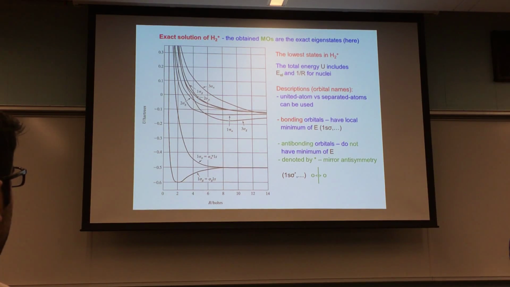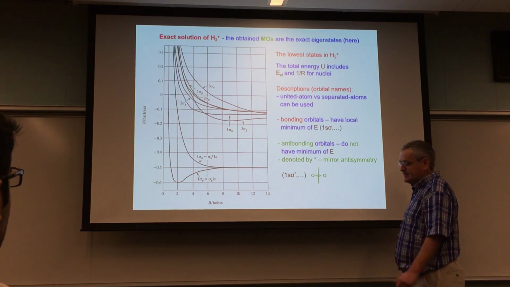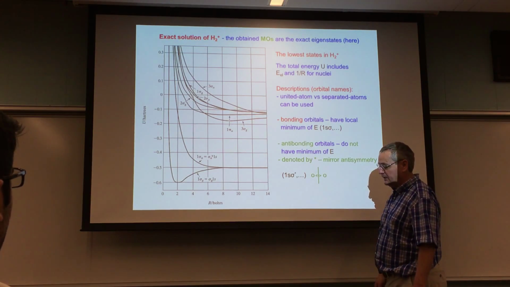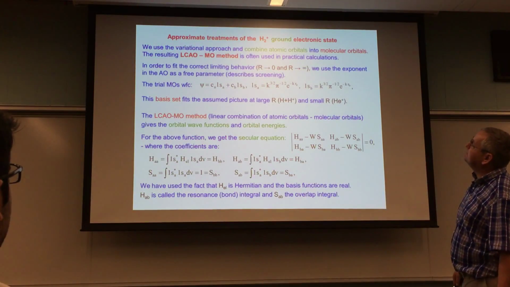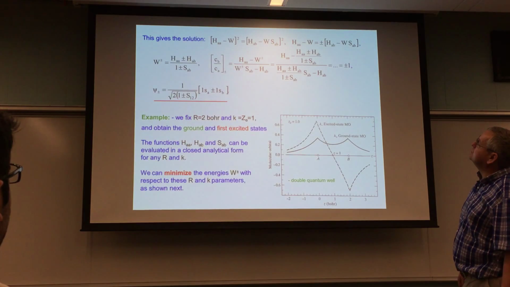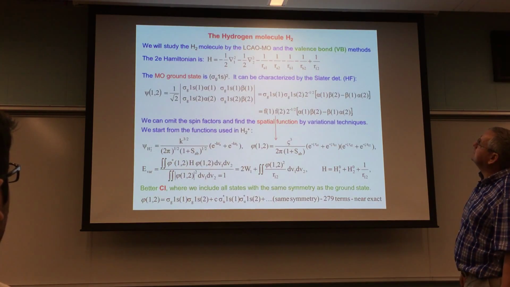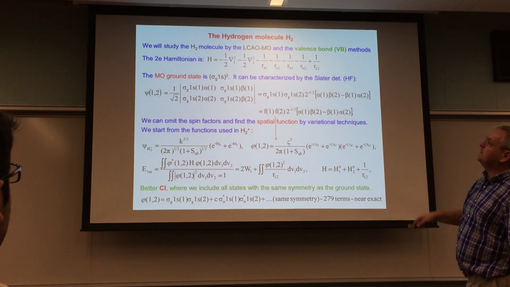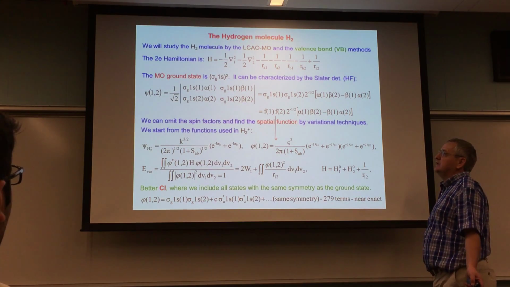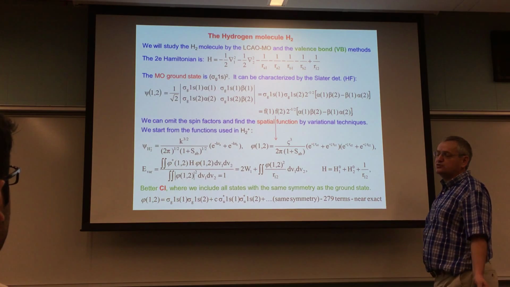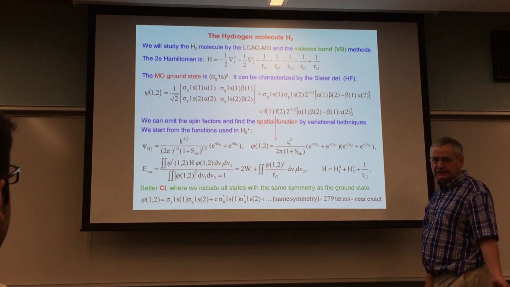So for example, just to give you some practical example, if I want to solve the H2 molecule in the Hartree-Fock method, okay? Hartree-Fock method means that I choose one Slater determinant, right?